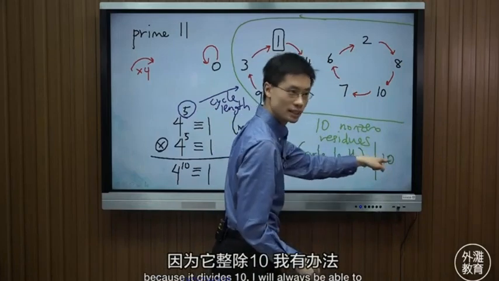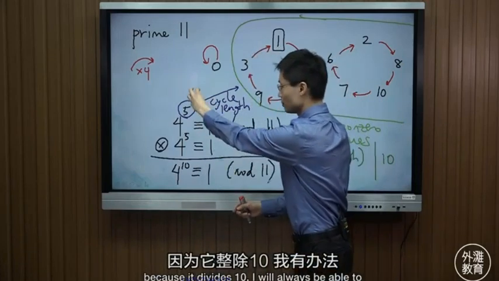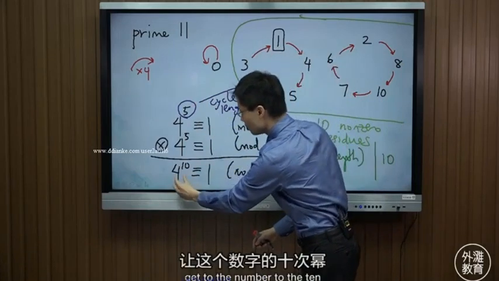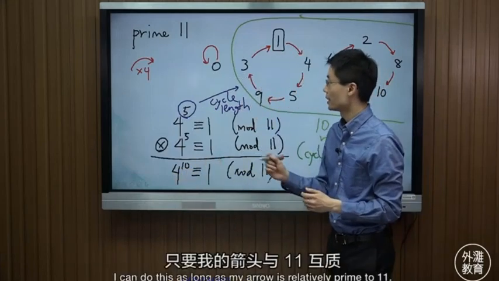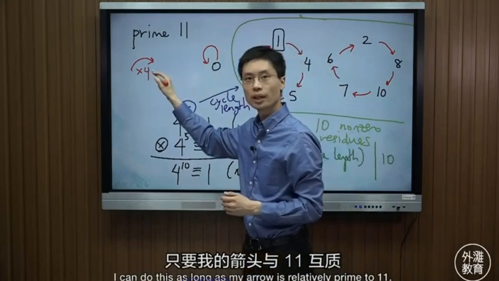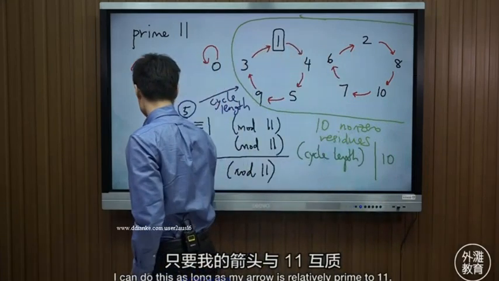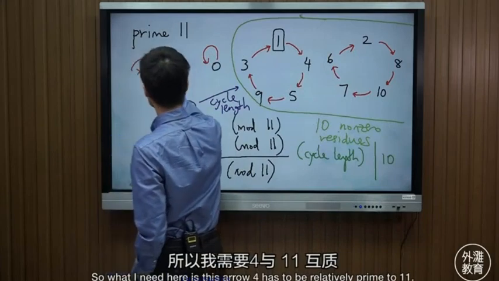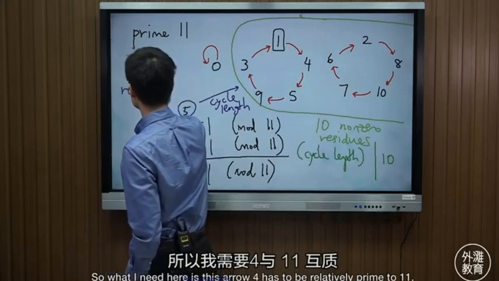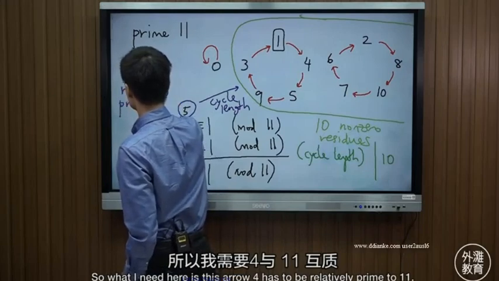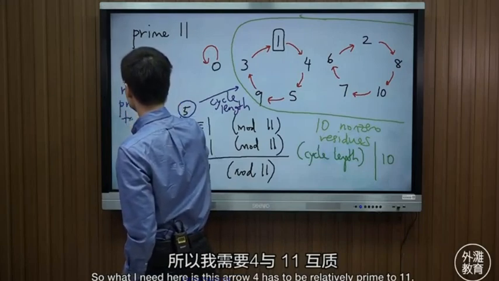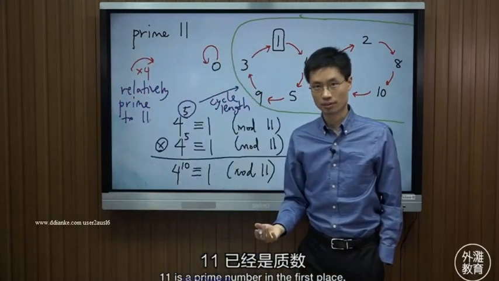Because it divides 10, I will always be able to get to the number to the 10 is 1 mod 11. I can do this as long as my arrow is relatively prime to 11. So what I need here is that this arrow 4 has to be relatively prime to 11. 11 is a prime number in the first place.